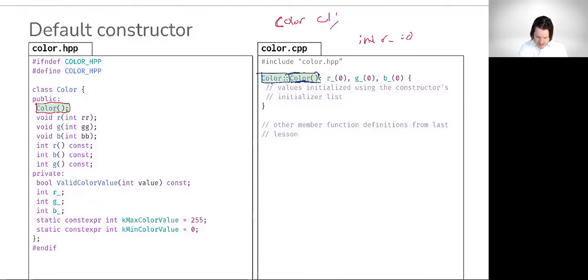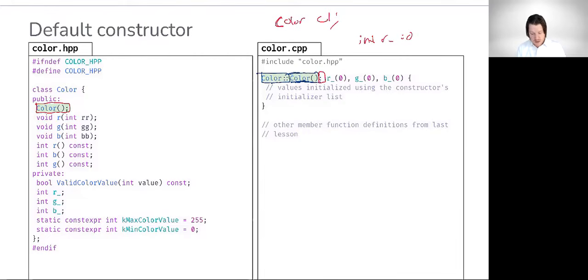And notice here is a colon. Directly following the colon is going to be the initializer list. This is simply going to be a list of data members. Directly following the name of the data member, the identifier, is going to be a set of parentheses. Within the parentheses is going to be the default value that we would like, in this case, the primitive typed data members R, G, and B to start out with.